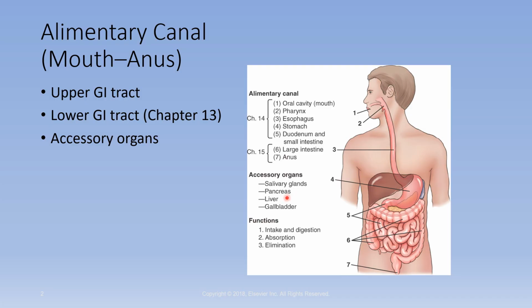If the bile that's produced isn't used, it ends up being stored in the gallbladder. So these 4 are accessory organs to the digestive system. The function of the digestive tract is basically to intake food and digest it. Then there's absorption of minerals and vitamins. And finally, we eliminate the waste product that is left over.